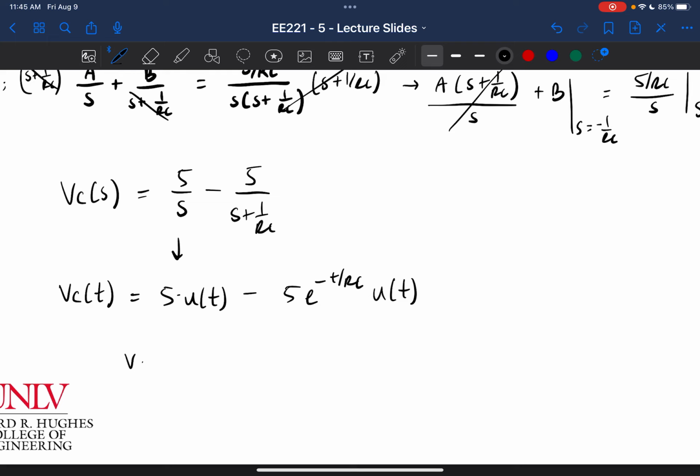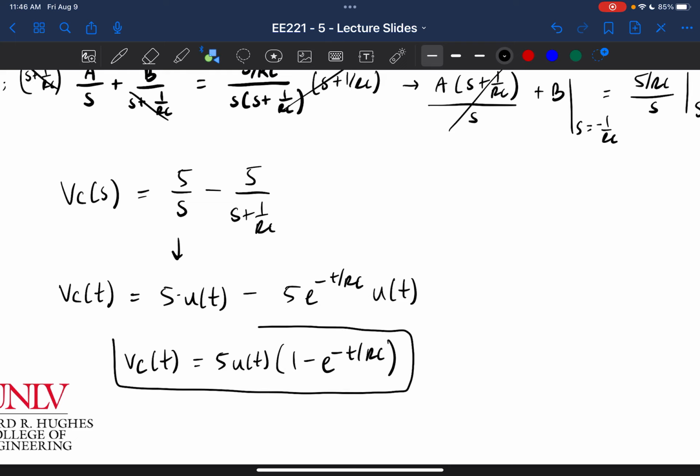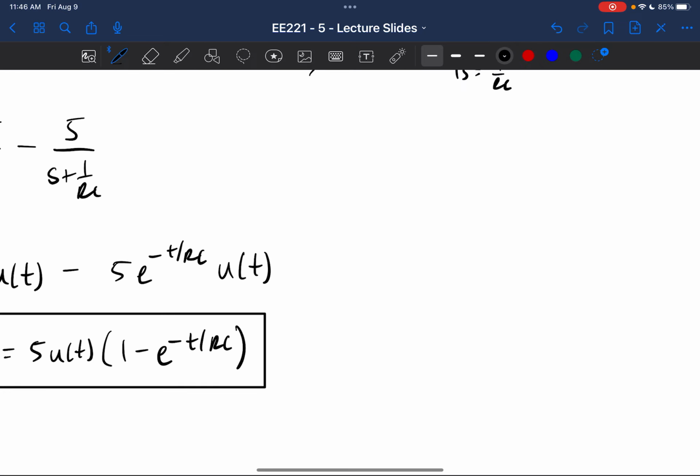So my VC of t is 5 times u of t, basically just saying that it's valid for t greater than 0, remember, multiplied by 1 minus e to the minus t over RC. Does that look familiar or what? That is our charging equation for an RC circuit.